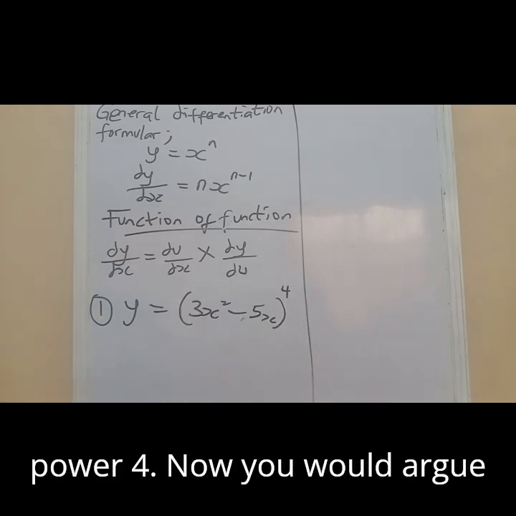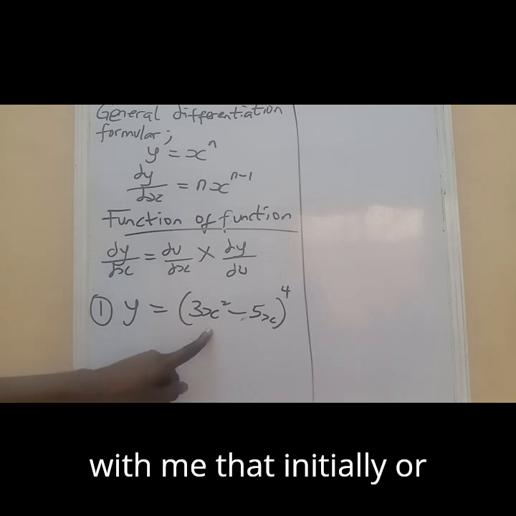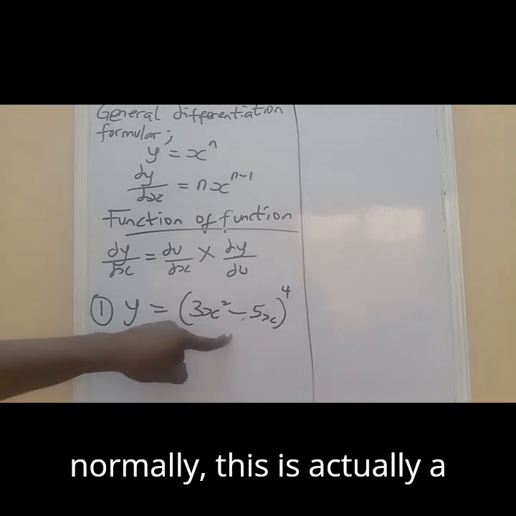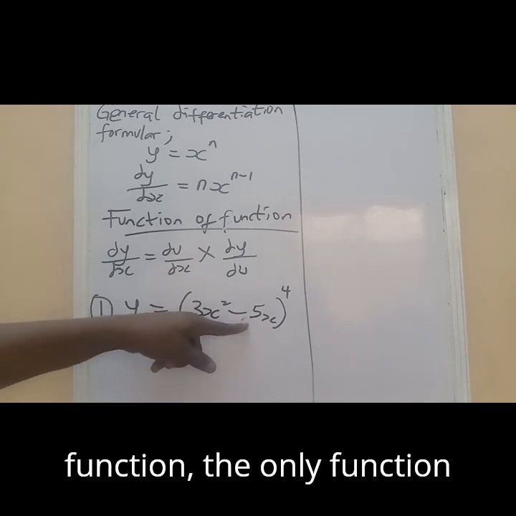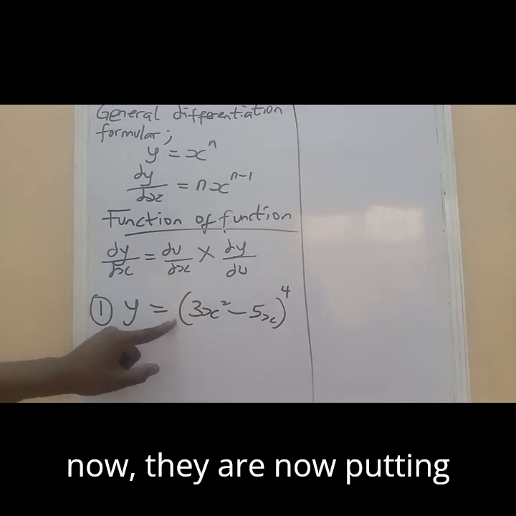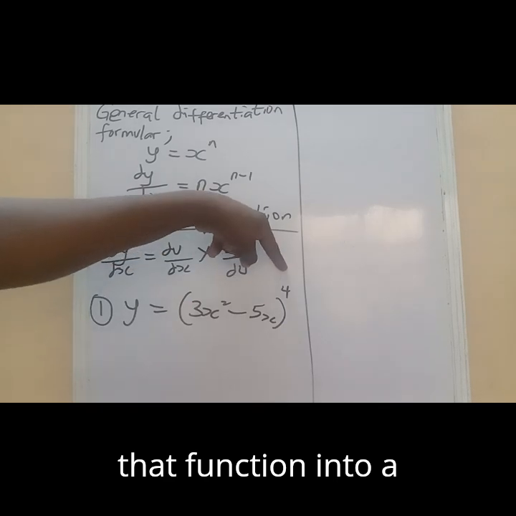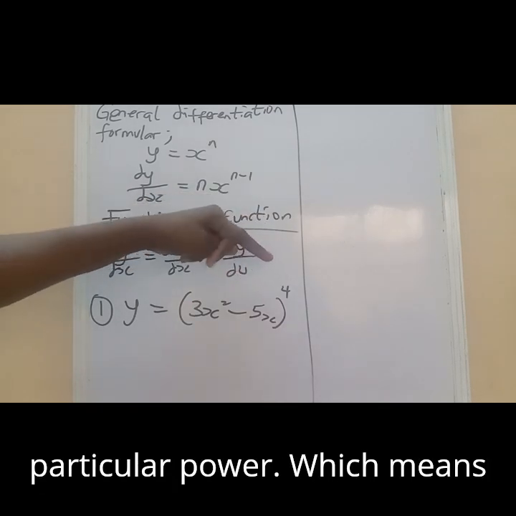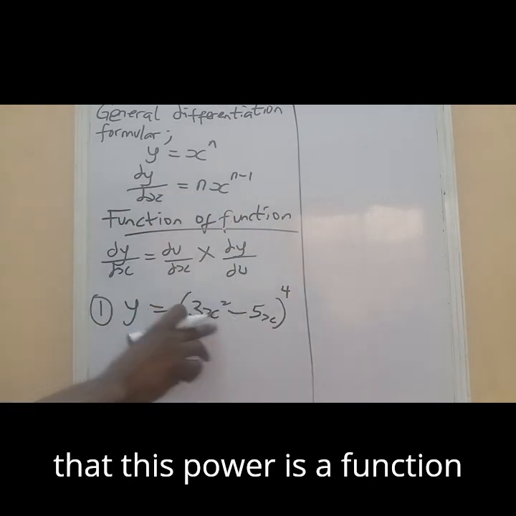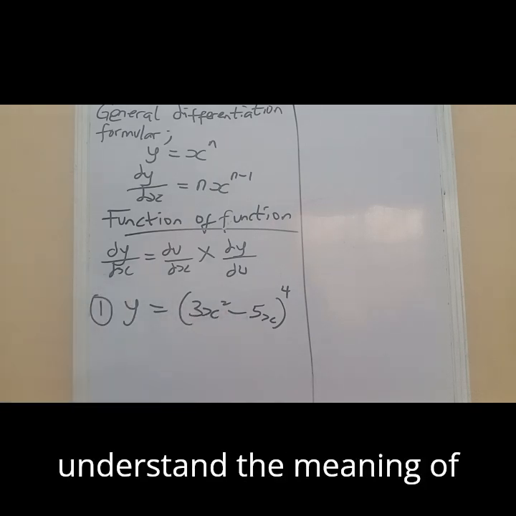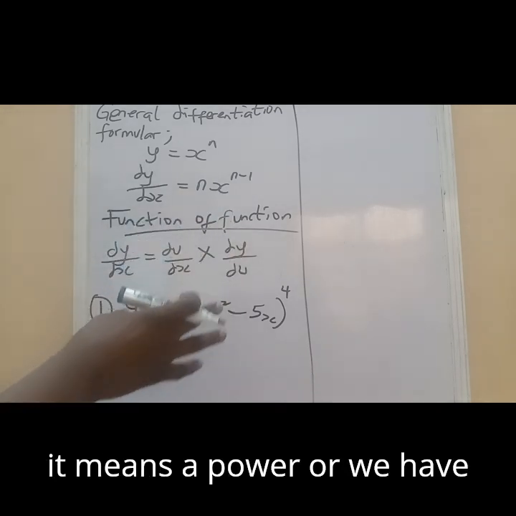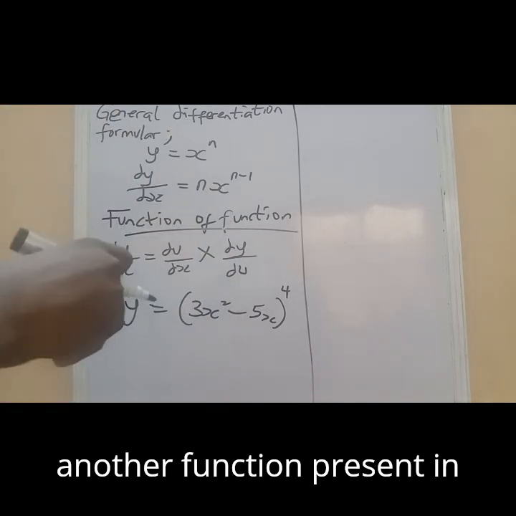You will agree with me that normally, this is actually a function, right? This should have been the only function they would have given us. But now they are putting that function into a particular power, which means that this power is a function of this. Do you understand the meaning of function now?